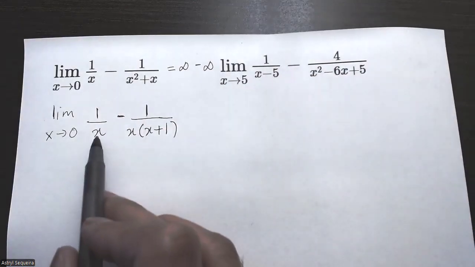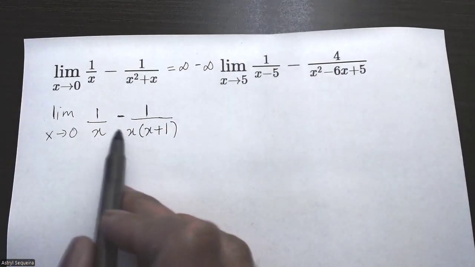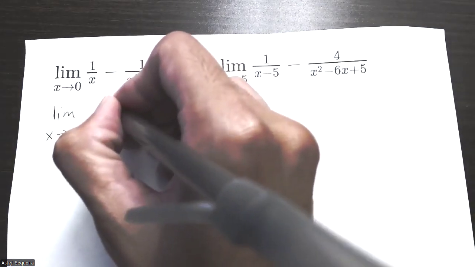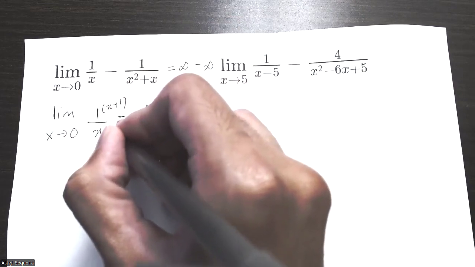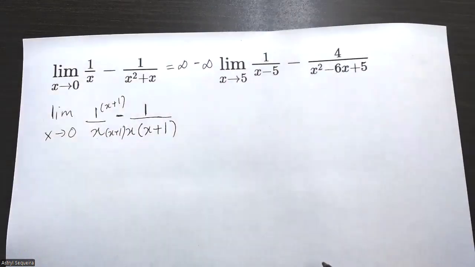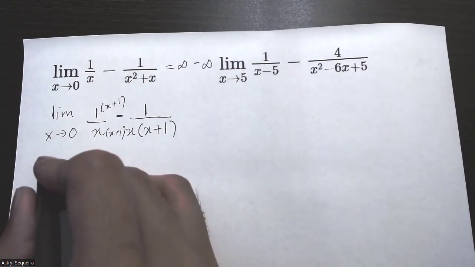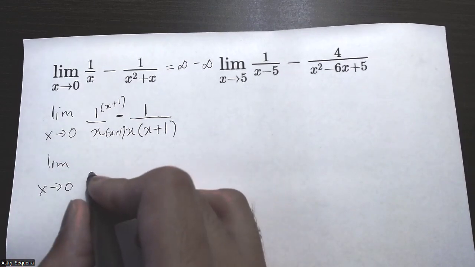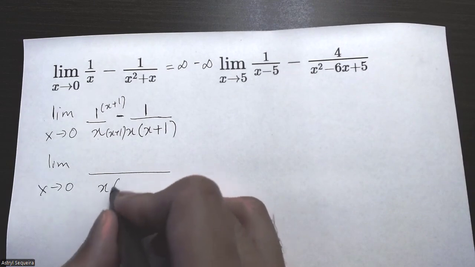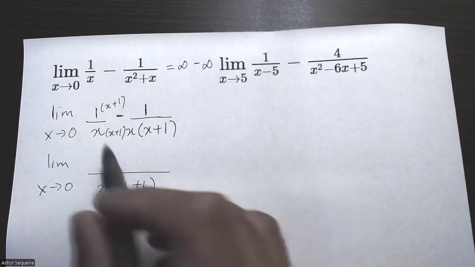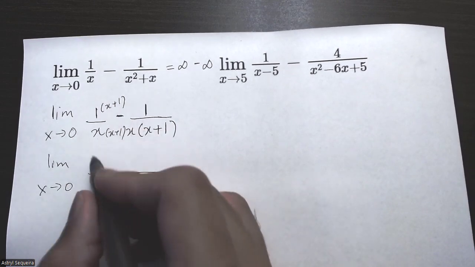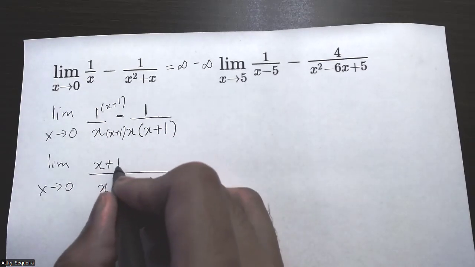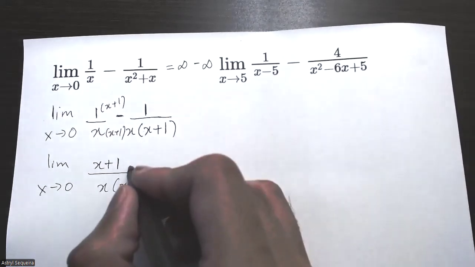And now x is common between the two denominators, so I just need to multiply the top and bottom over here by x plus 1 to make a common denominator. So now in my next step, I have a common denominator of x times x plus 1. And in the top, 1 times x is x, 1 times 1 is 1, and then I have a minus 1 there.